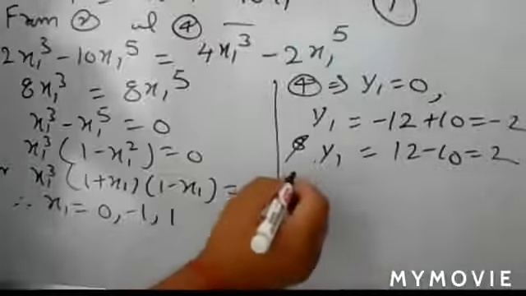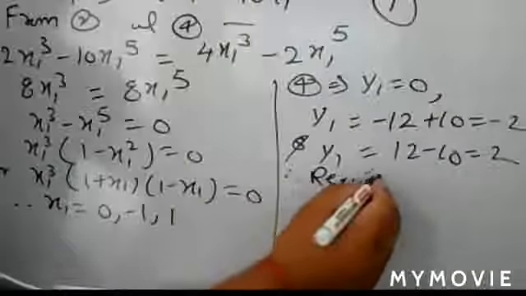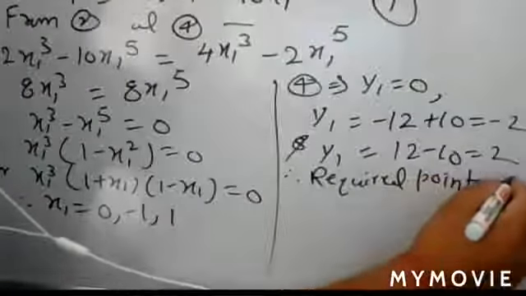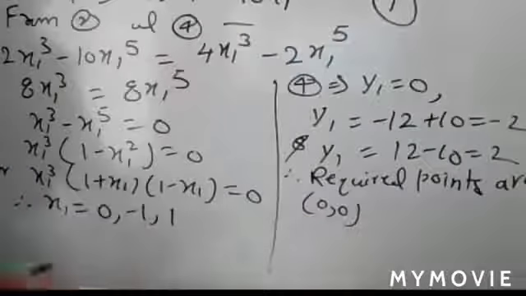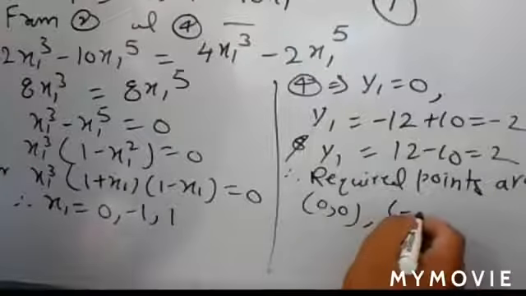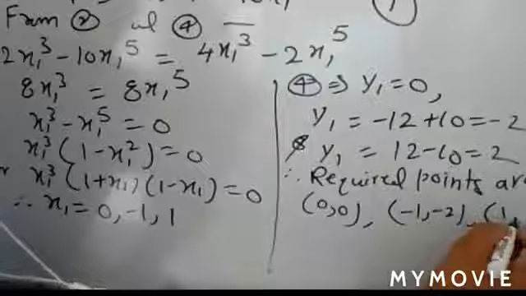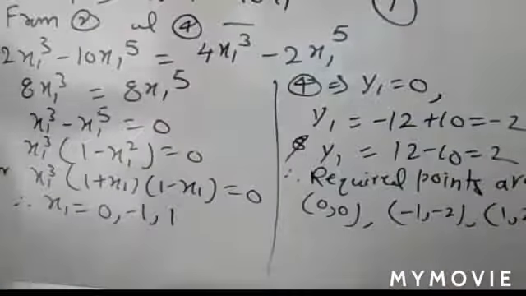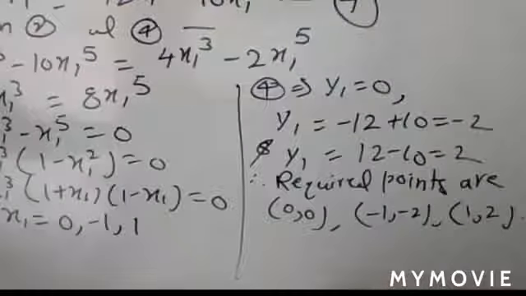So what are the points? Hence the required points are: the first point is 0, 0, the second point is minus 1, minus 2, and the third point is 1, 2. All those are the required points.